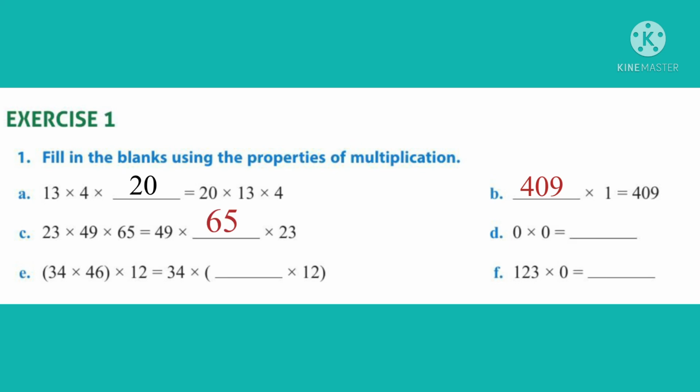D. 0 into 0 is always equal to 0. Next, E. 34 into 46 into 12 is equal to 34 into 46 into 12 using the second property of multiplication. F. 123 into 0, and that is equal to 0.